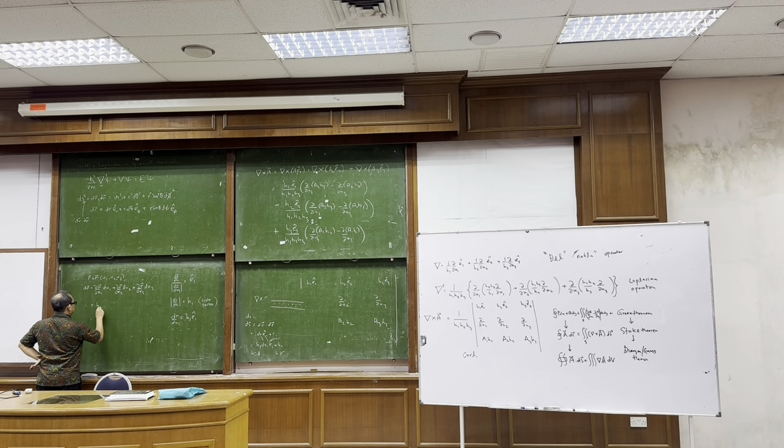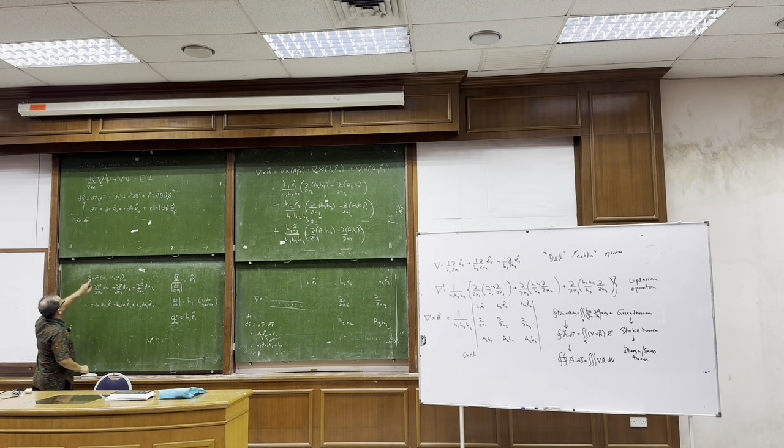So h1 du1 e1, the basis vector, and the same thing, h2 du2 e2, h3 du3 e3. Okay, very easy.